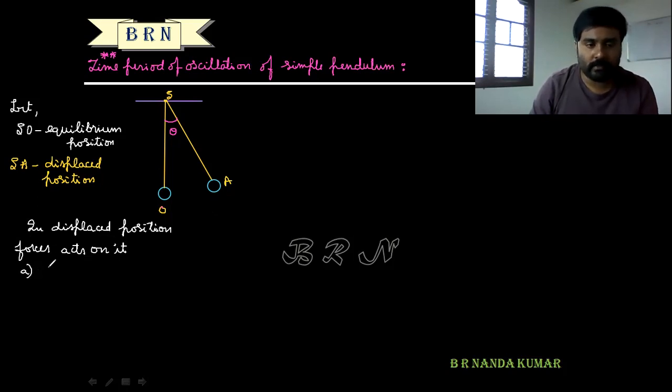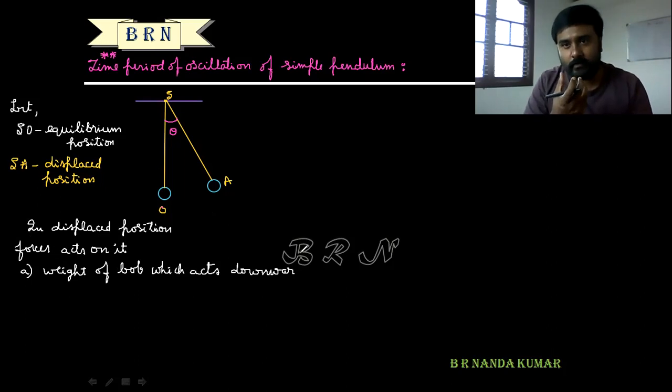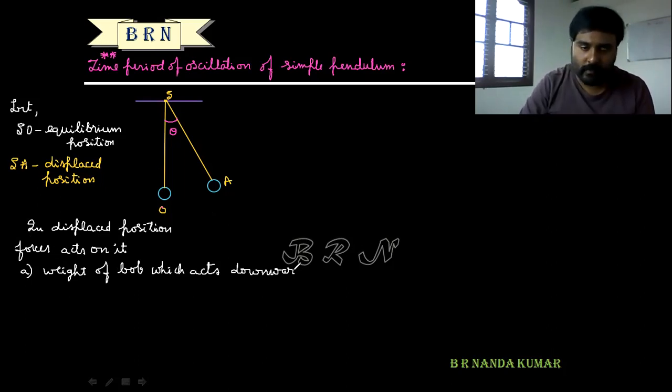One is the weight of the metallic bob, which acts downwards. Weight means the force with which the body acts downwards.